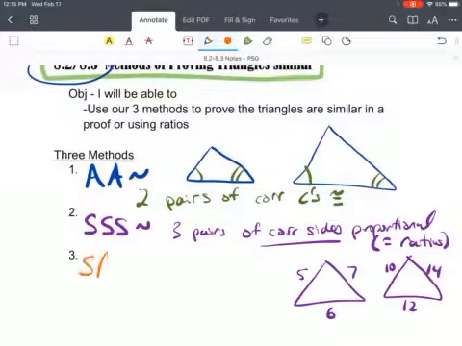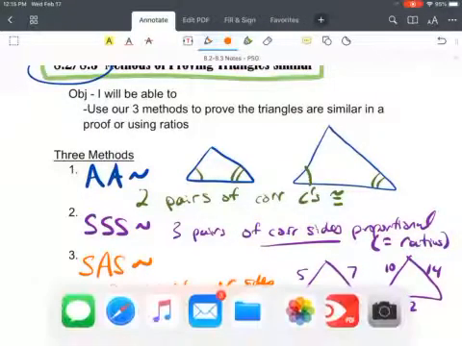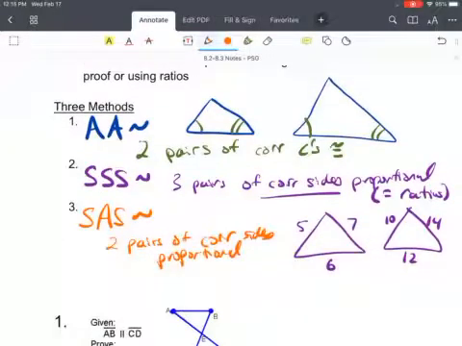And then the third one is a combination of those two, where you have two pairs of corresponding sides proportional, and the included angles congruent.